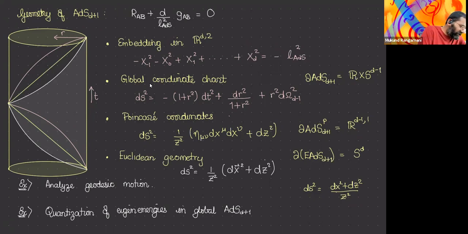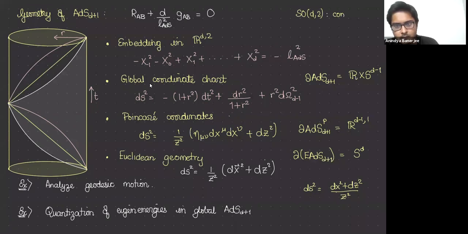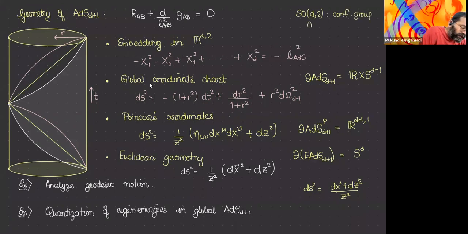So let me say this. SO(D,2) is the conformal group, and it contains SO(D-1,1). The generator of Poincare time translations is the usual time translation generator inside SO(D-1,1), what you would usually call the Hamiltonian.